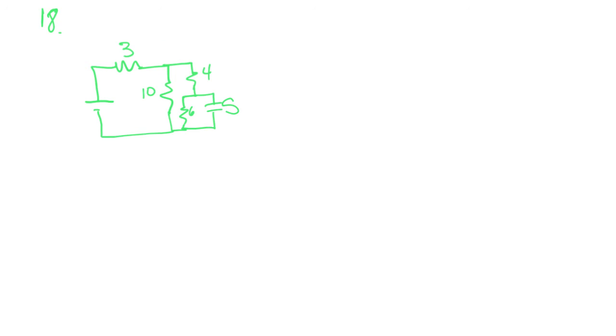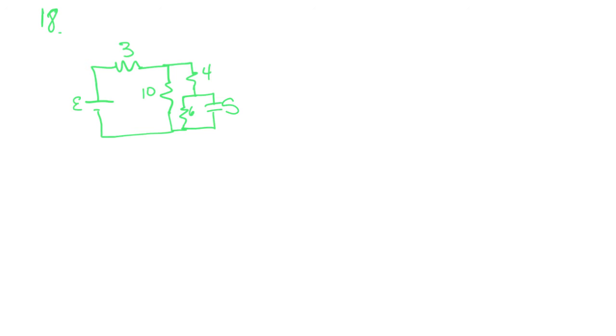Okay, so number 18 kind of looks like this. That's whatever EMF that is, 12 volts. Who cares, whatever. The point is that there's something interesting going on in the other part. So hopefully at this point you're looking at these and you're saying, okay, if my capacitor is uncharged, then it's going to look like a wire, and like if it was like this case, if it was uncharged, it would bypass the 6 ohm because it would rather go through the capacitor.